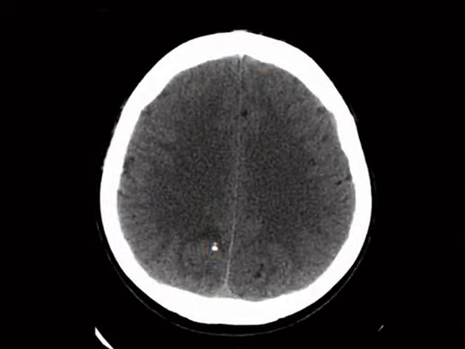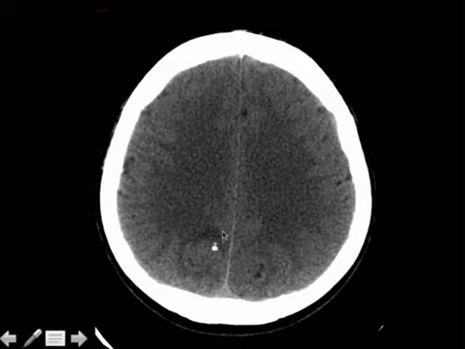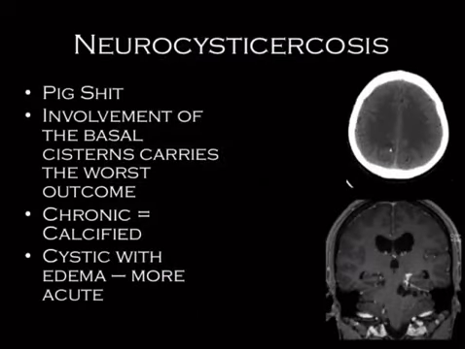Next case. So if you could see it yet. See it? Oh, that guy right there. Calcification, a little bit of weirdness going along there. So you'd be like, really? That's it? Yeah, that's it. So that's a way to show neurocysticercosis.